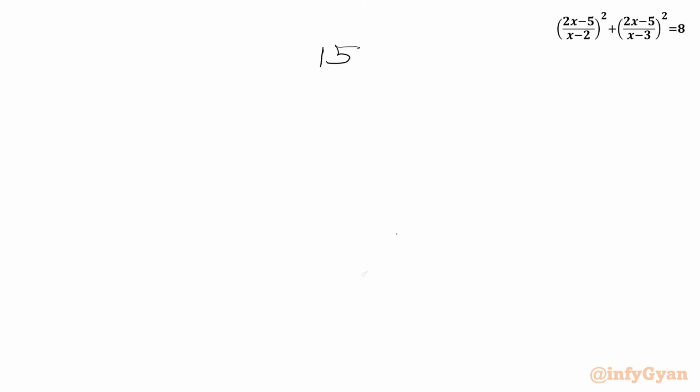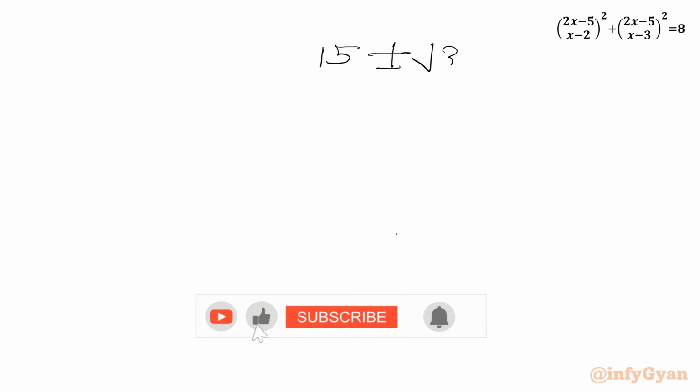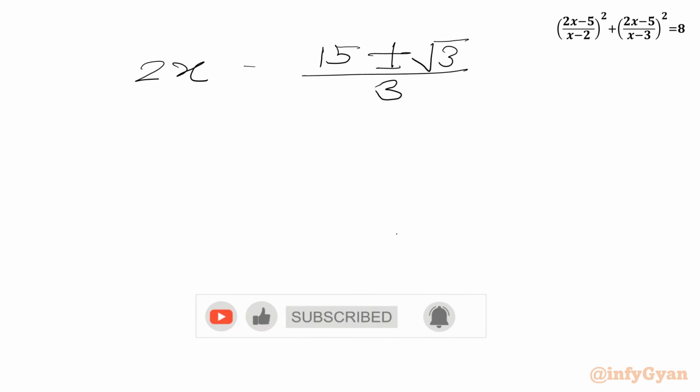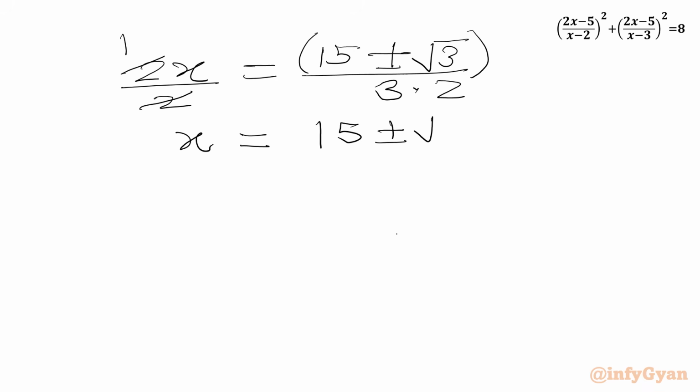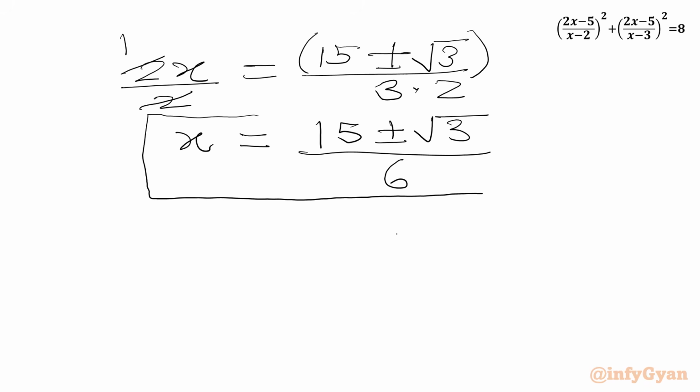Now we will divide LHS by 2, divide RHS by 2. 2 over 2 will be 1. 1 times x is x. In RHS, 15 plus minus square root 3 over 6. So we have two real values of x which will satisfy our equation.